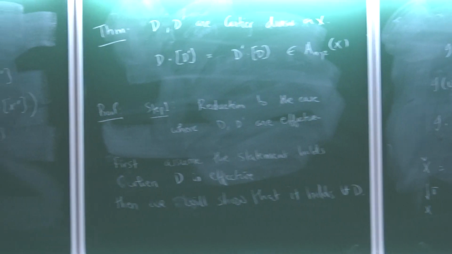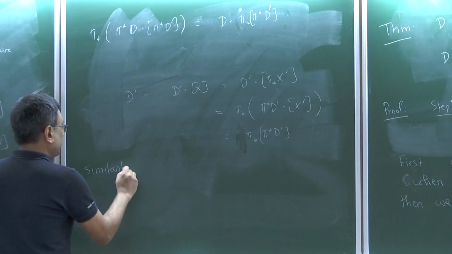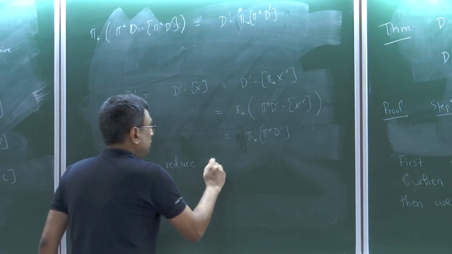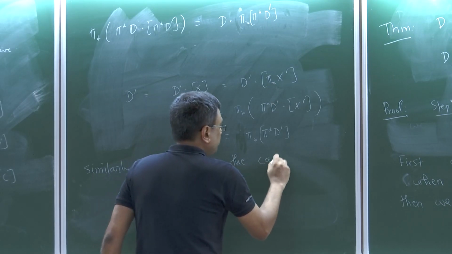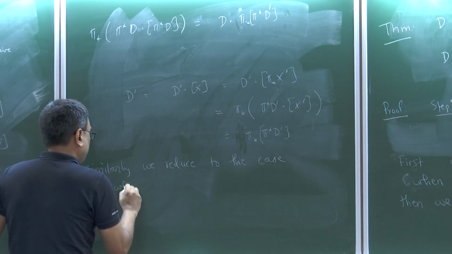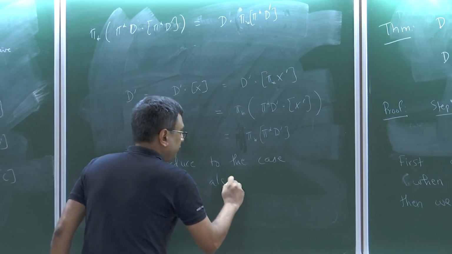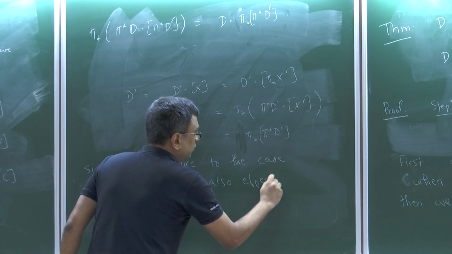So similarly, we reduce to the case when D prime is also effective. Okay.